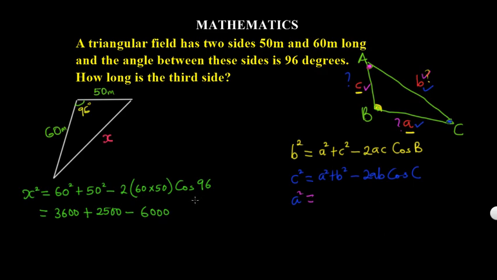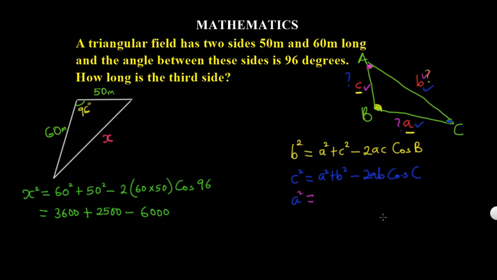Alright, stop there. Now this cos 96, if we are given this question in WAEC, it's easy to press our calculator directly and say cos 96 and get the answer. But we are going to be missing a mark. Giving you a cos bigger than 90 degrees, they want to test your knowledge of quadrant analysis.